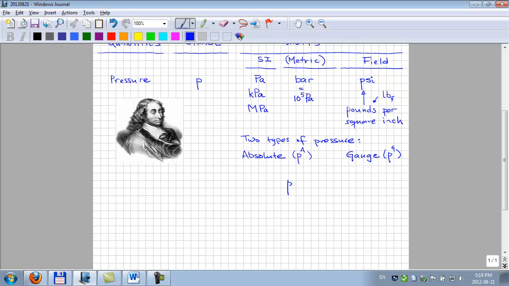The pressure absolute is by definition, well, it really makes more sense to define the pressure gauge, since it's kind of uncommon. So the gauge pressure is equal to the absolute pressure minus the absolute pressure here, at sea level, or on the surface of the earth.